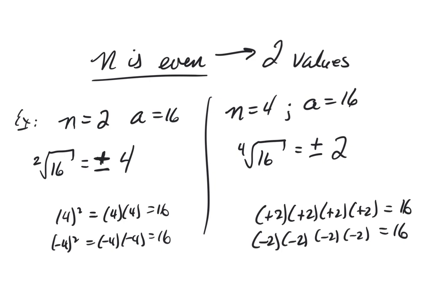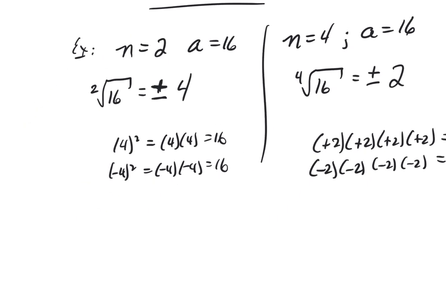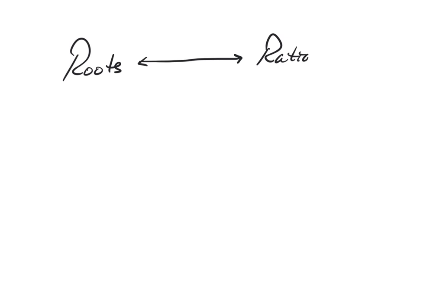So just a little bit about roots. And then more important for us, and we're going to spend a lot more time on this one, what we want to be able to do is take different types of roots and turn them into what are called rational exponents.